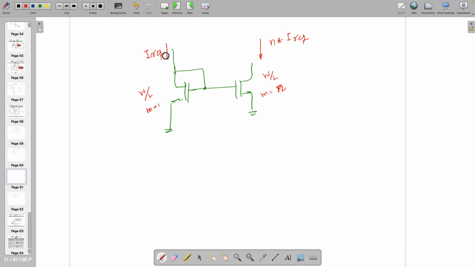If IREF is the current flowing from here, in this case you can find out the R out, which is R0. If it is 1, then R0 1, and in the same way the output is VDS, right?